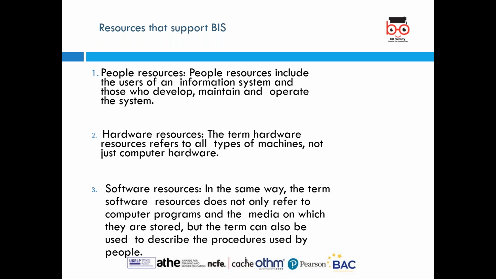Depending on the department, they might have different resources. For example, the software development department might use different resources compared to the project manager or the testing or the DevOps department. So these are all components that have to be noted and taken into consideration when we're working in a business information system.